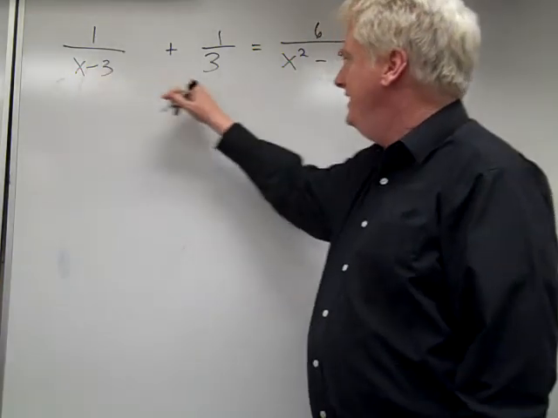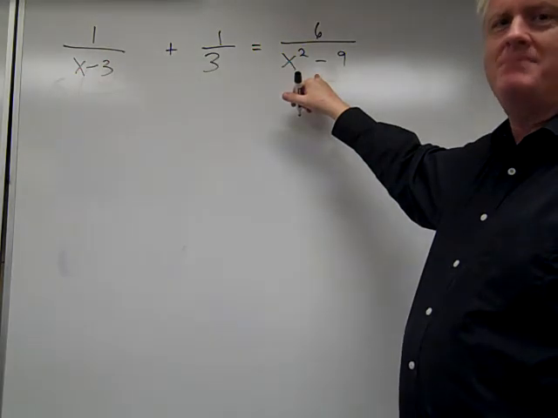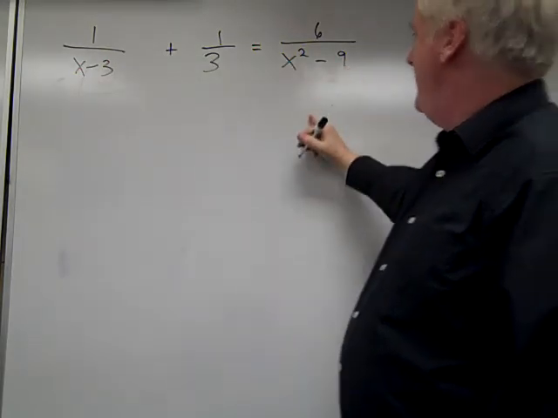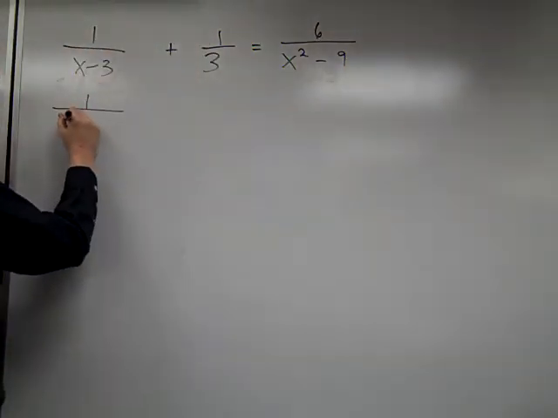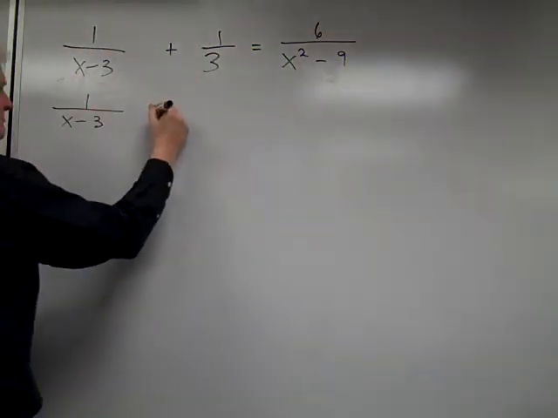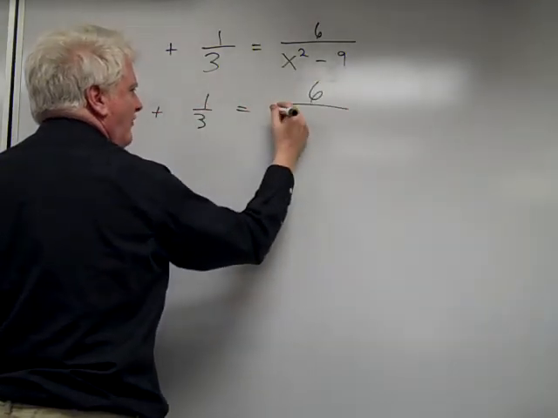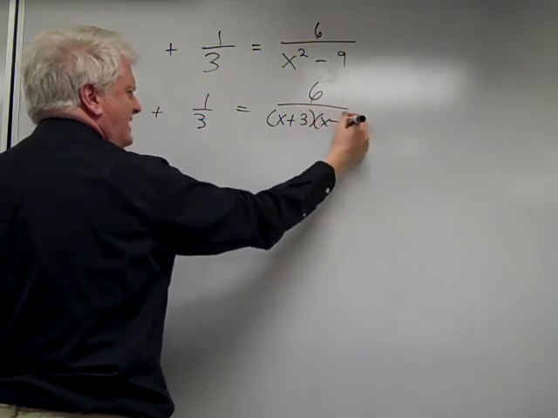X minus 3 is factored, 3 is factored, but x squared minus 9 can be re-expressed as x plus 3 times x minus 3. So this now becomes 1 over x minus 3 plus 1/3 equals 6 over x plus 3 times x minus 3.